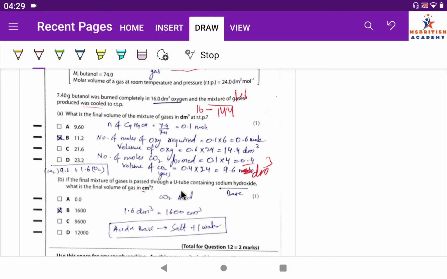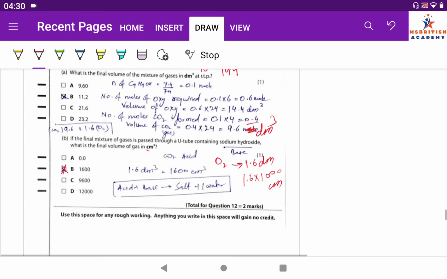So acid and base react together and form salt plus water. So there will only be one gas left, oxygen, which is 1.6 decimeter cube, and you have to find it in centimeter cube. So times 1000 centimeter cube, and after that you will get 1B as the correct answer.